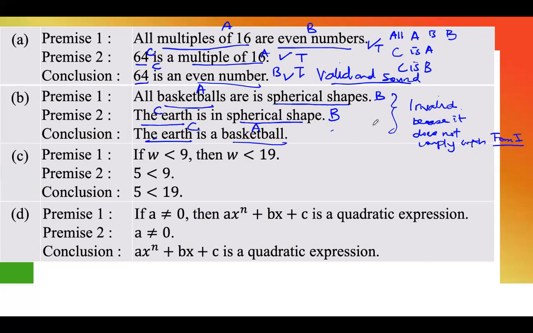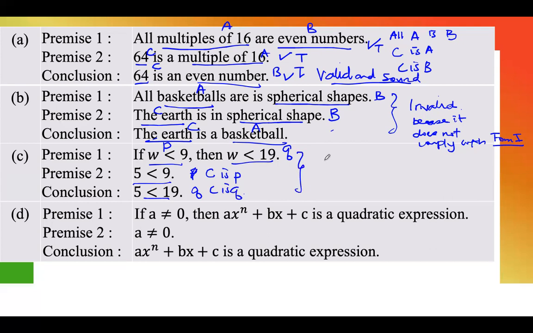Okay. So the next one, if W is less than 9, then W is less than 19. So this is P. We are using P now. If P then Q, this one is P is true, Q is true. In other words, I use C is P, C is Q, almost the same like this. So this one follows type 2, right?